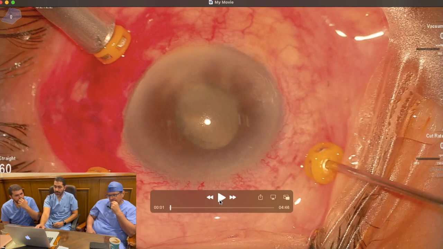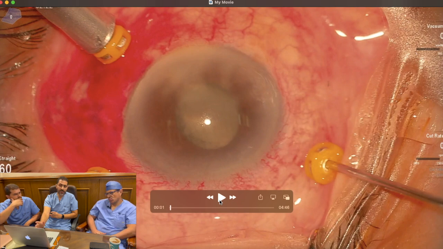Then on follow-up, after 48 hours, it dropped from counting finger to hand motion vision. On that day, he was re-injected and followed up 48 hours later, and at that time, the patient was found to be PL vision.